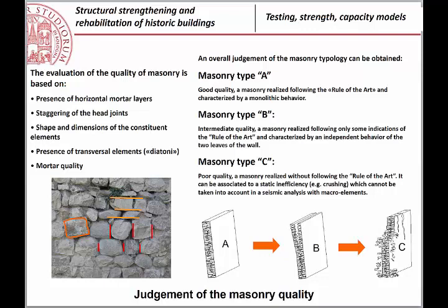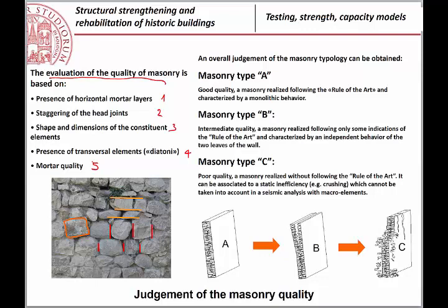And there are some rules that are quite interesting and very often used. They evaluate the quality of the masonry depending on 5 parameters that are still evaluated from the point of view of engineering expertise.